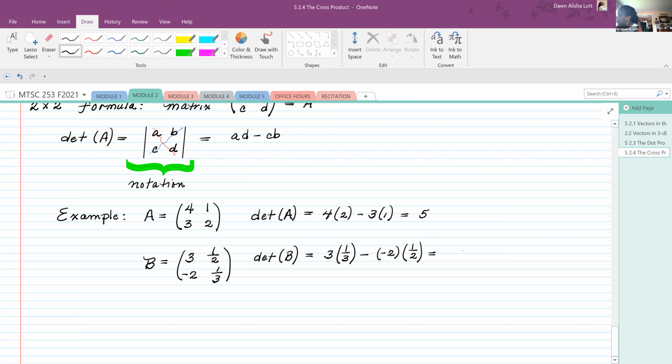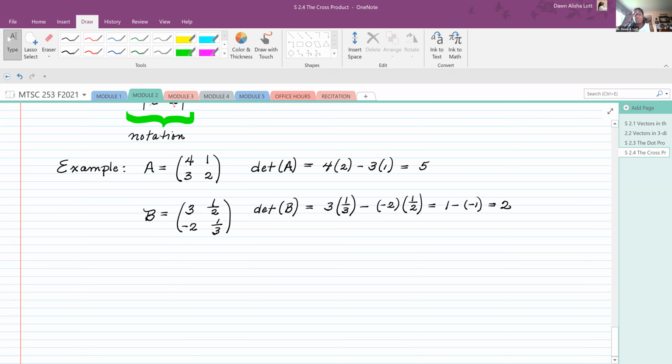So that's 1 minus a negative 1. So that's 2. So the determinant of a 2 by 2 matrix is very, very easy to calculate.